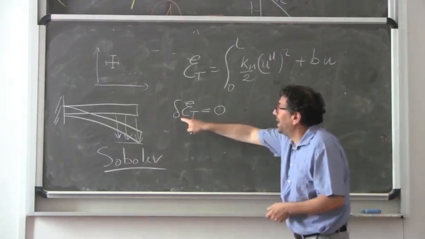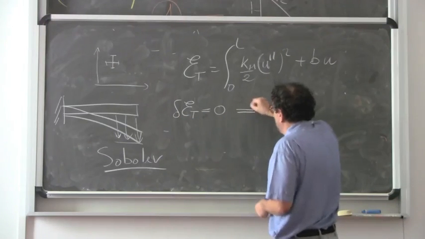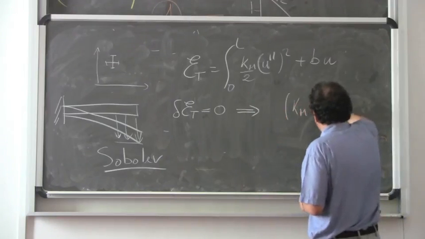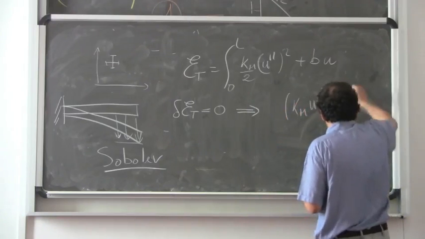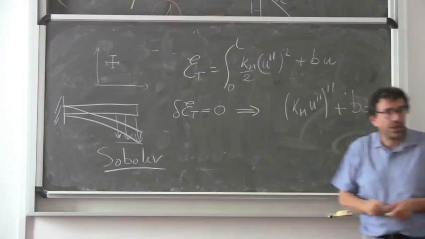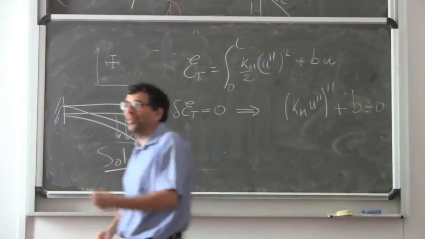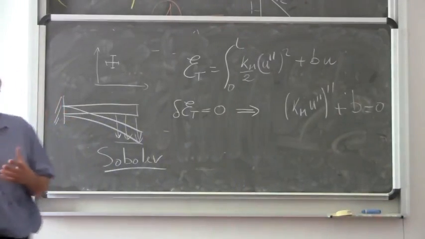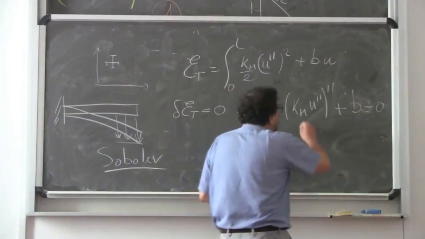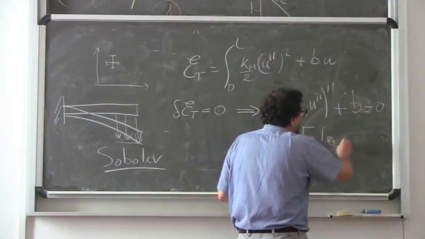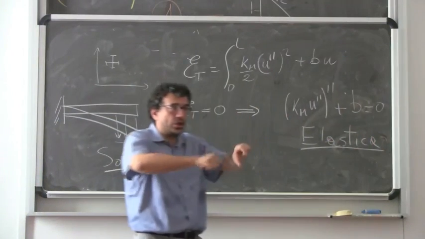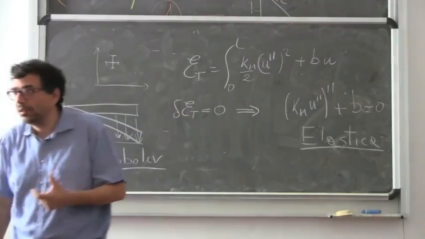So we said that if the first variation equals 0, this implies that k u''''  plus b equals 0, which is the Euler differential equation. This is the equation of elastica. Euler wrote in Latin, so in English now they still use the Latin word elastica. It is the elastic curve in Latin. Okay?